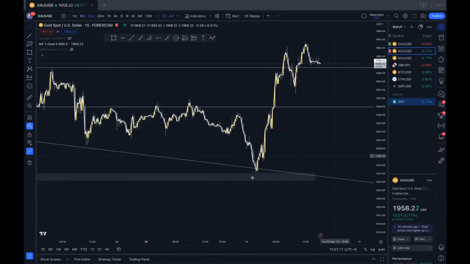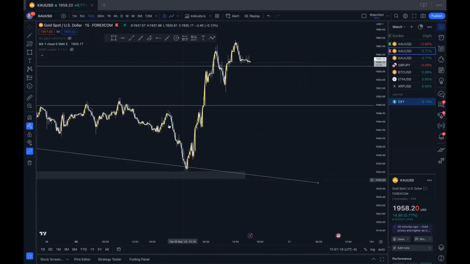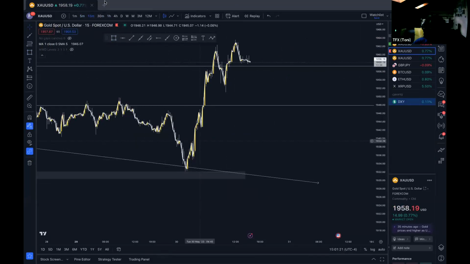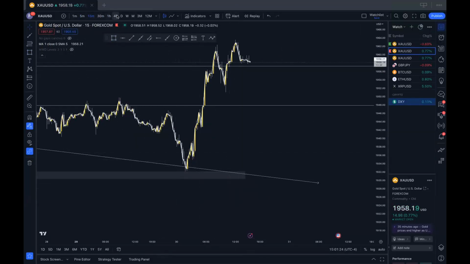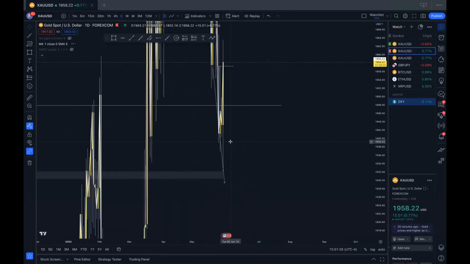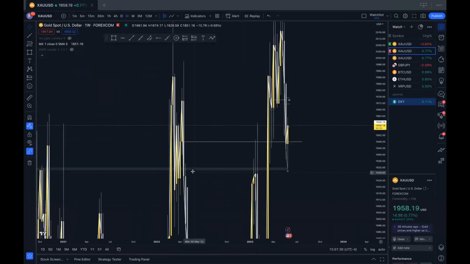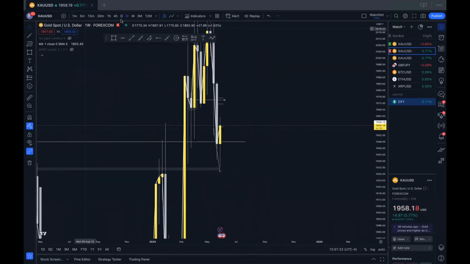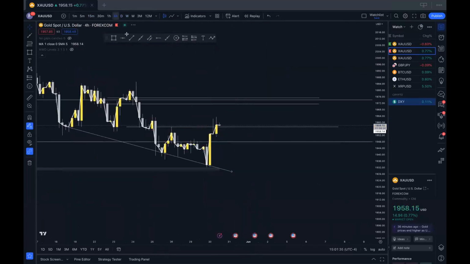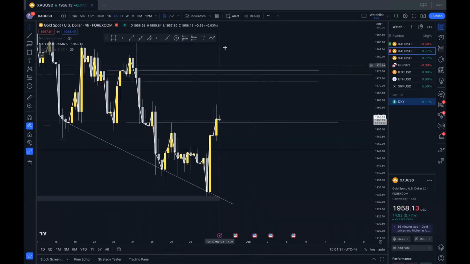For me, I didn't even take any trades because I was happy with my sell down here. I was already expecting this to happen because I knew that weekly had a breakout. So daily is going to buy up, and it's happening again.